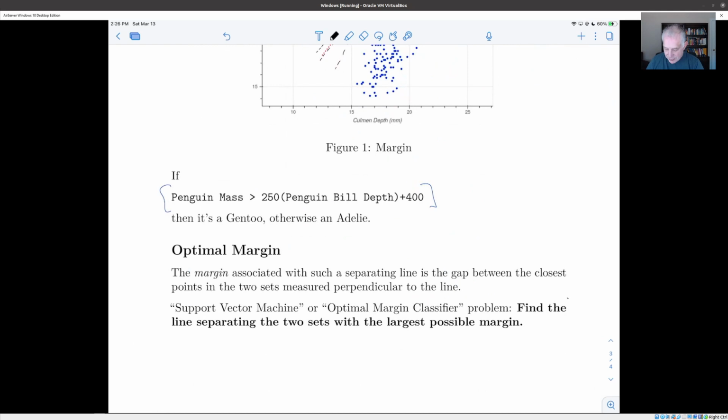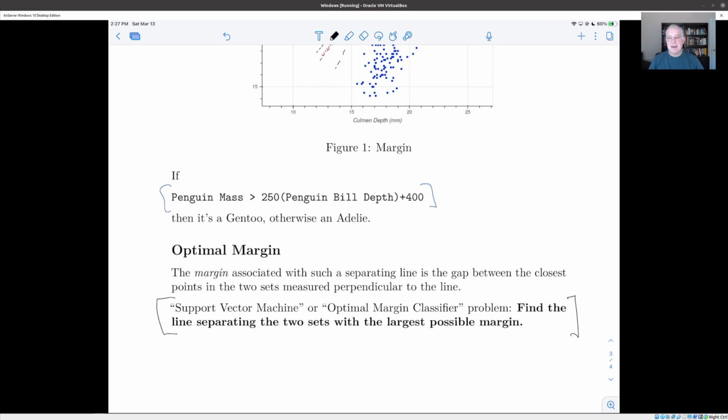So the problem that we are going to give ourselves is we're going to have two sets of points. Now they're going to be in a high dimensional space. And we're going to try to find not a line, but a hyperplane that passes between those two sets of points. And we're going to choose that hyperplane so that if we look at the closest green point on one side of the hyperplane and the closest blue point on the other, and we look at the perpendicular distance measured across the hyperplane, that's as big as possible.